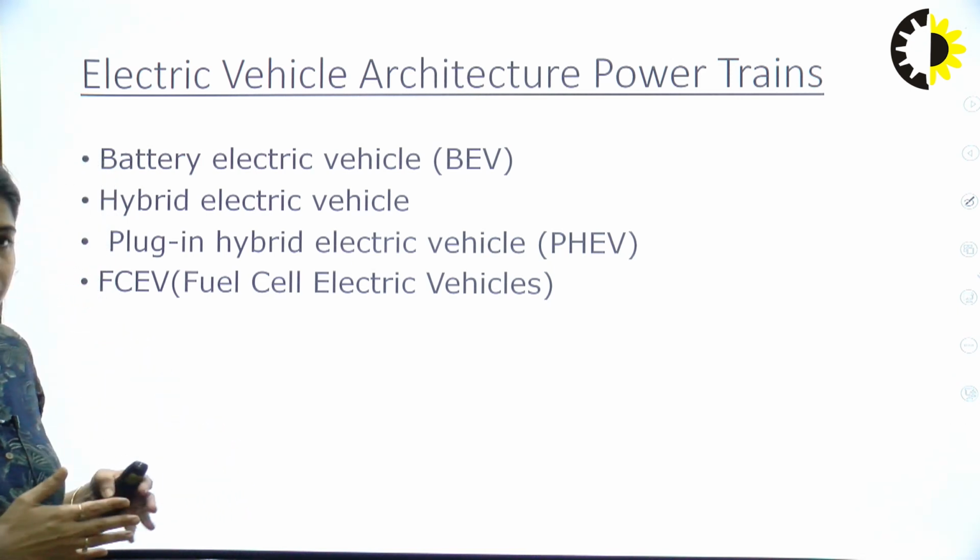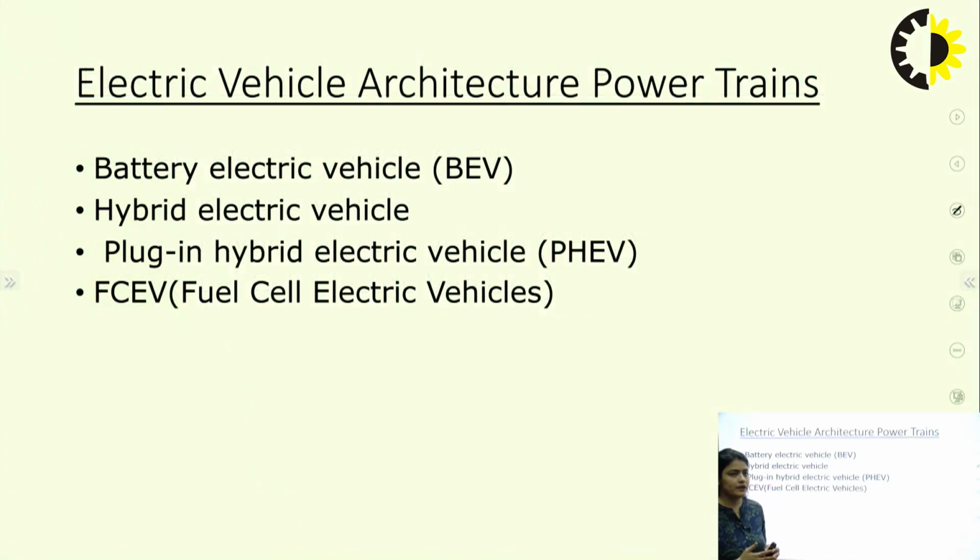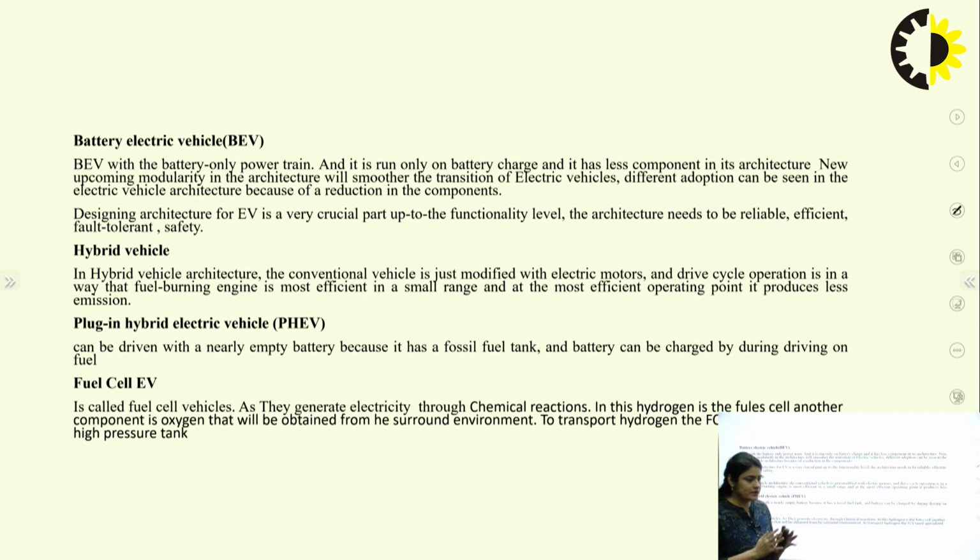Then the hybrid electric vehicle, then the plug-in hybrid electric vehicle, and FCV, fuel cell based electric vehicles. The battery operated electric vehicle runs only with the help of the battery. So it has only the electric motor, which is operated by the battery, right?